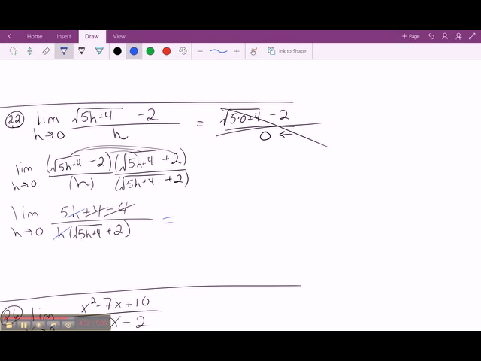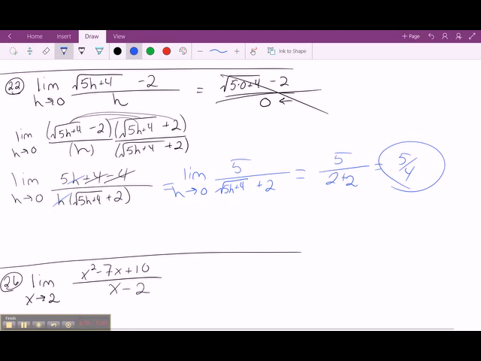So what we end up with is the limit as h approaches 0 for 5 over square root of 5h plus 4 plus 2. That we can plug in 0. So we get 5/4. So sometimes you have to use algebra to restate these a little bit so that you can plug a number in.